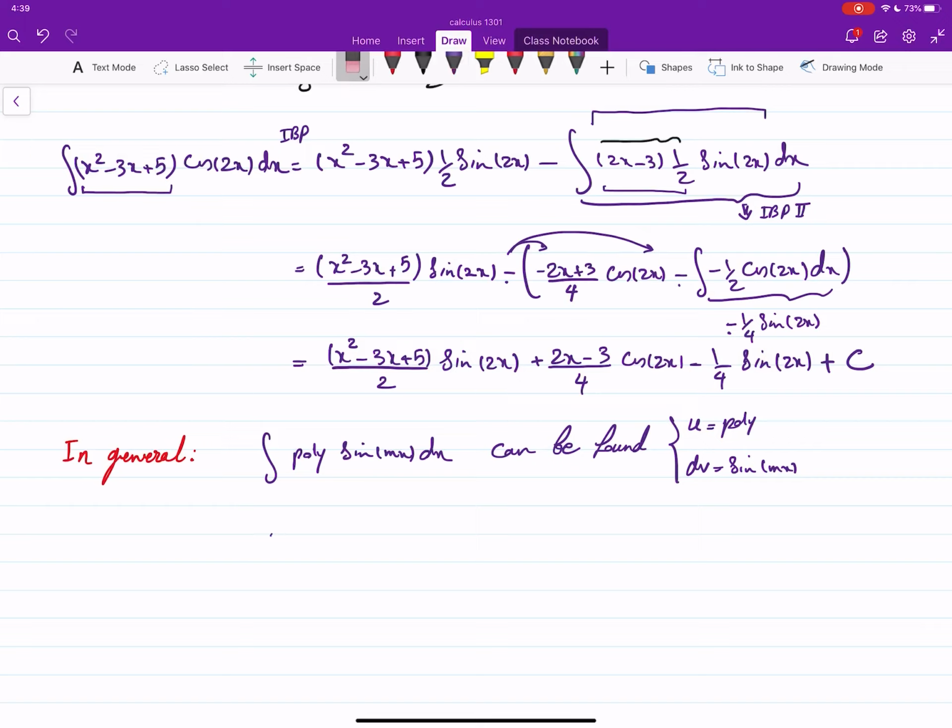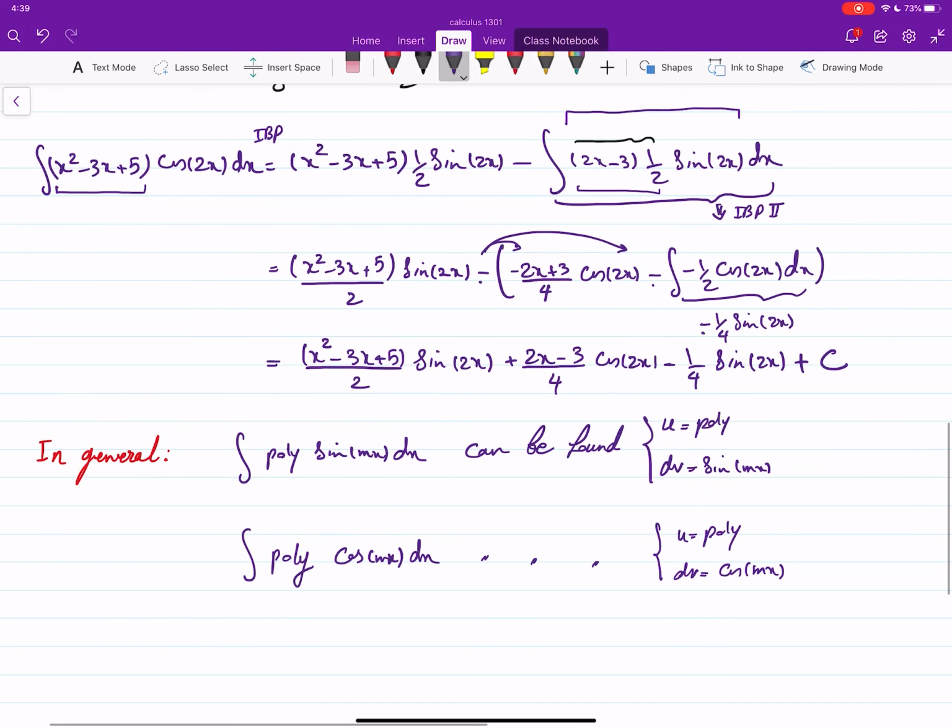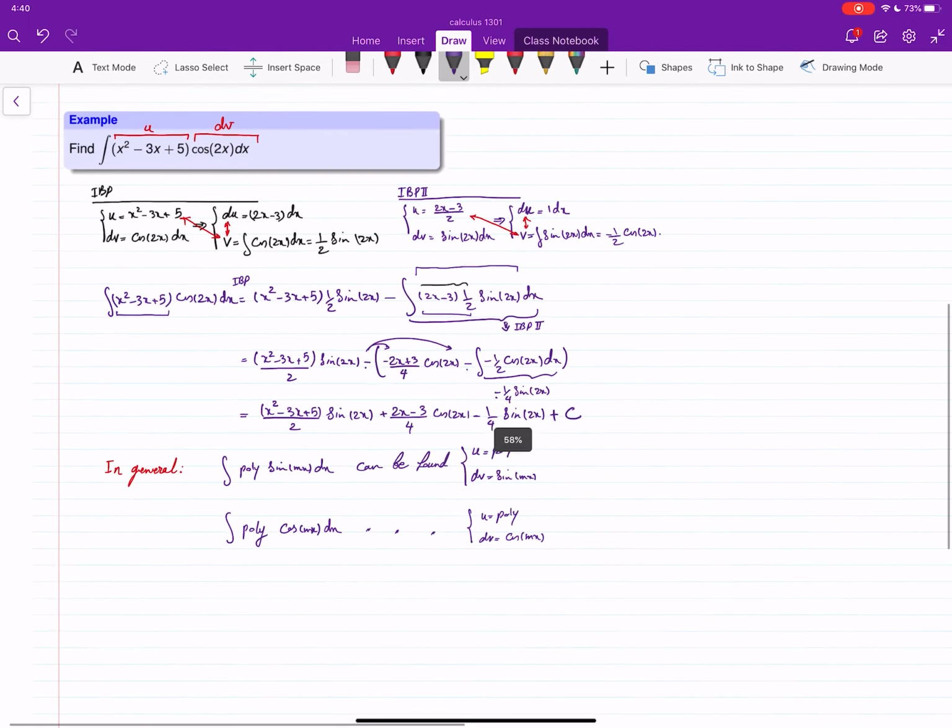The other, similar class is polynomial times cosine of mx dx, and this can be found by setting u to be that polynomial and dv to be cosine of mx. And the number of times that you need to use integration by parts is the degree of that polynomial.